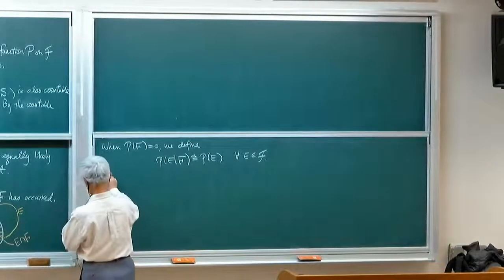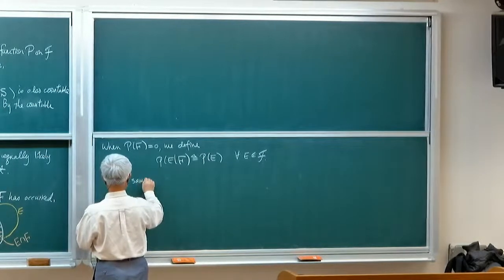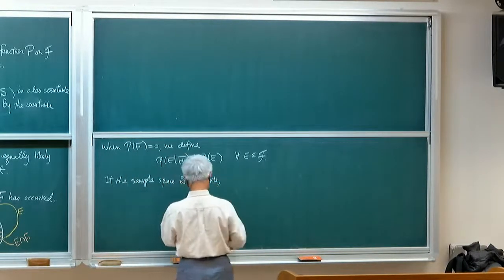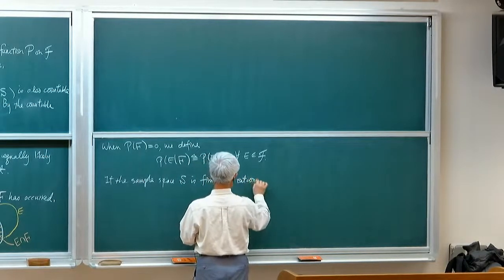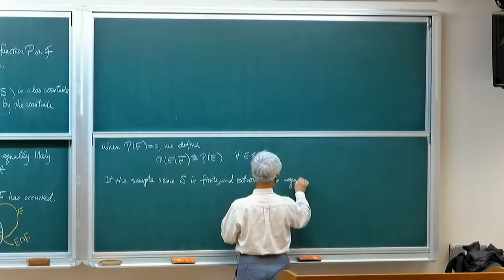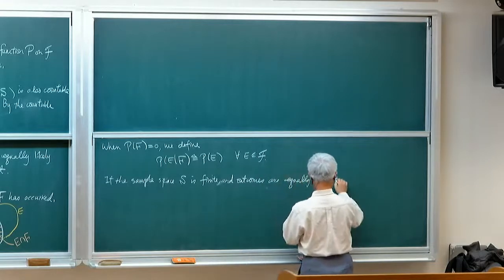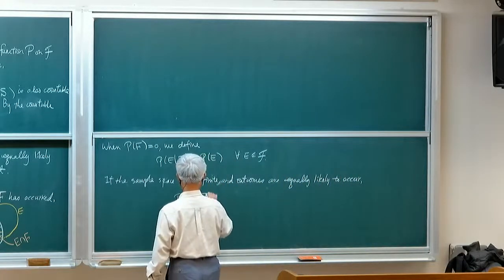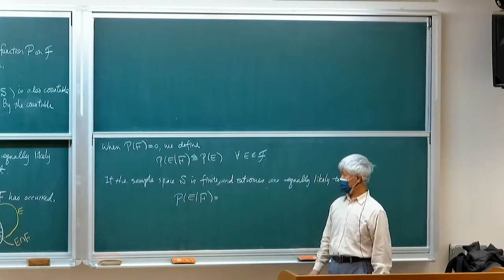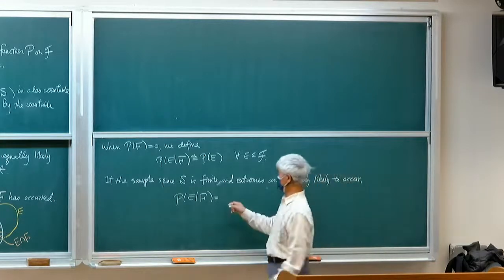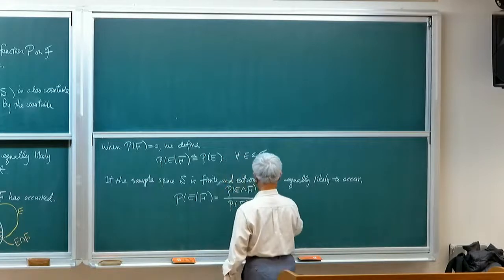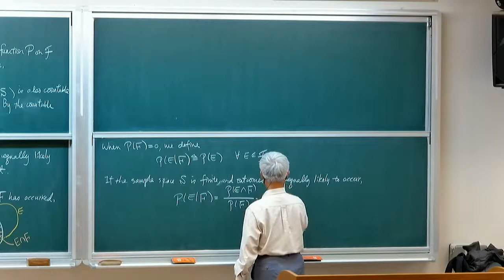And the intuition is here. If the sample space is finite and the outcomes are equally likely to occur, then the conditional probability of event E given event F is equal to the following.